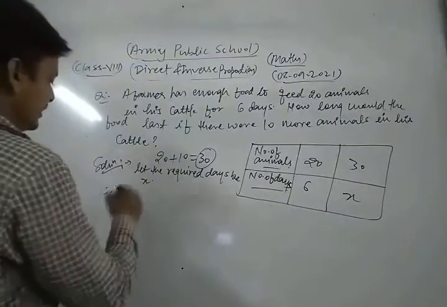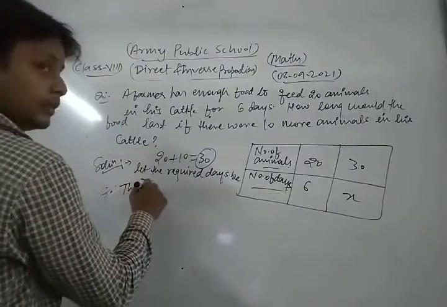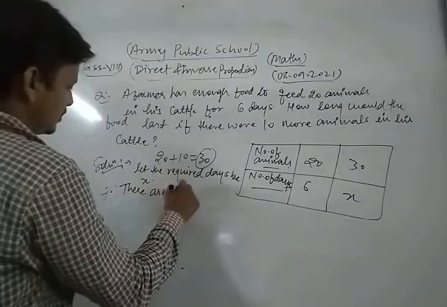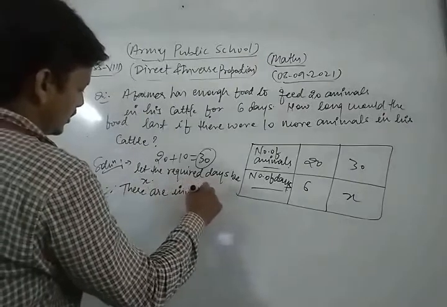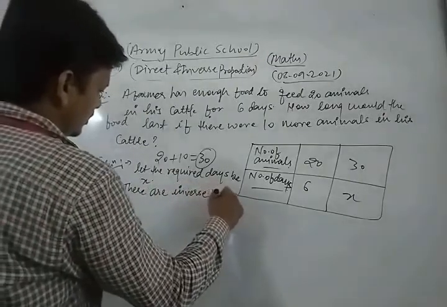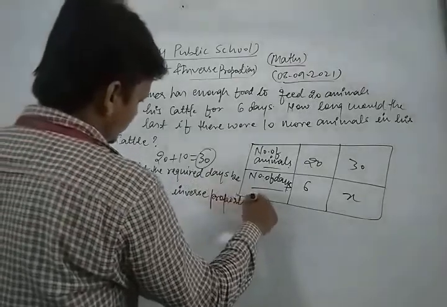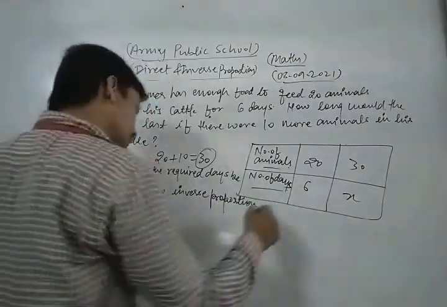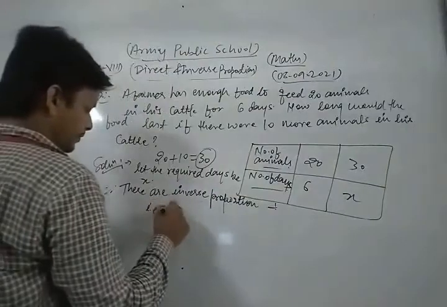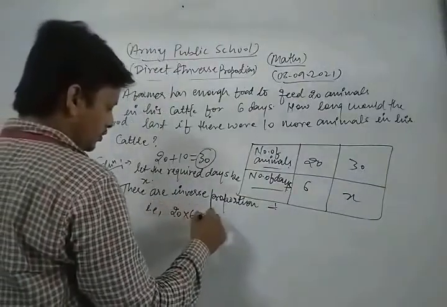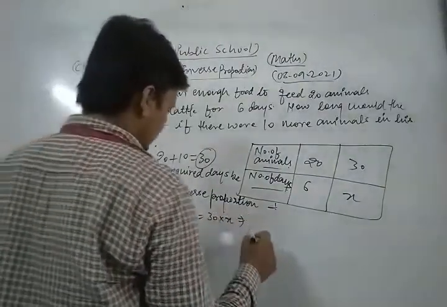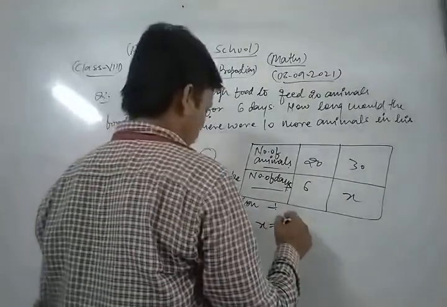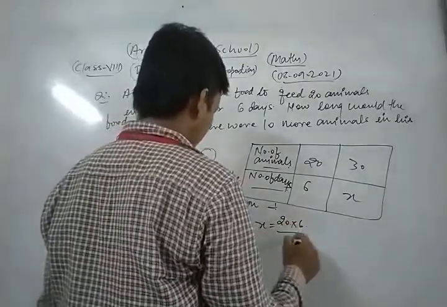Since there is inverse proportion, 20 into 6 is equal to 30 into x. So x is equal to 20 into 6 upon 30.